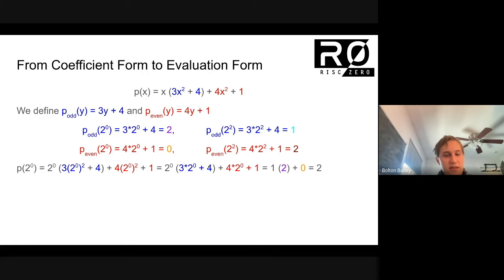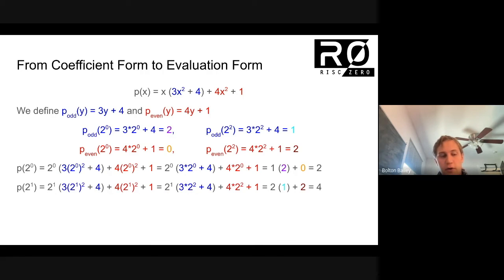Now we see that the blue here is just this exact evaluation here. And similarly, this red evaluation of 4 times 2 to the 0 plus 1 is exactly this evaluation here of p sub even on 2 to the 0. So just using this purple 2 and this orange 0, that's all the data we need to evaluate p on 2 to the 0. And it turns out to be 2.